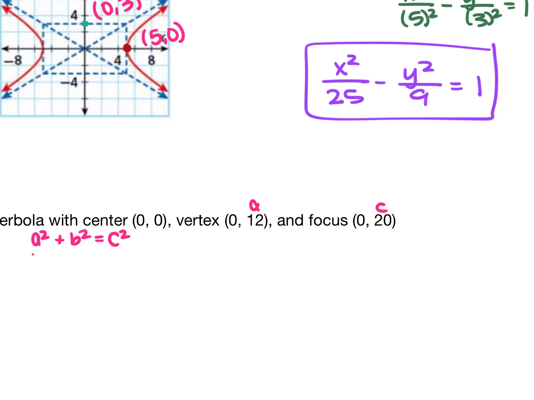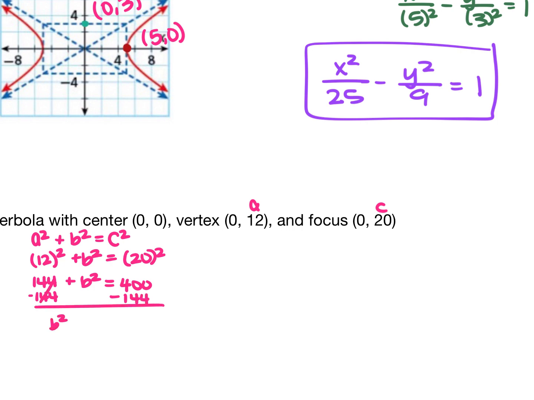So that means we're going to have 12 squared plus B squared is equal to 20 squared. That simplifies to be 144 plus B squared is equal to 400. Move your 144 over by subtracting it from both sides, and you get that B squared is equal to 256. You could take the square root of both sides and find B.